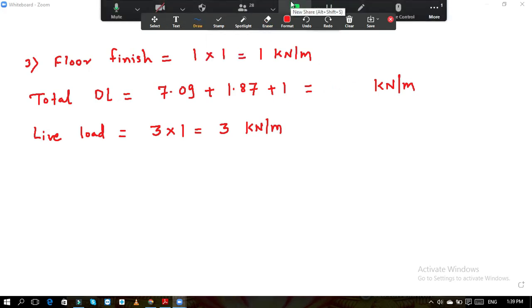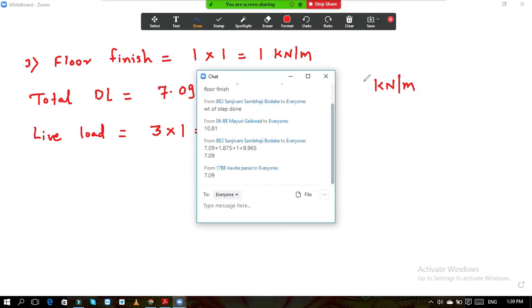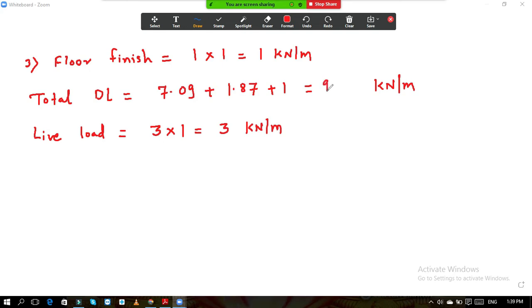What is the value of this now? 9.965. Okay, now it is right. So this is your total dead load.